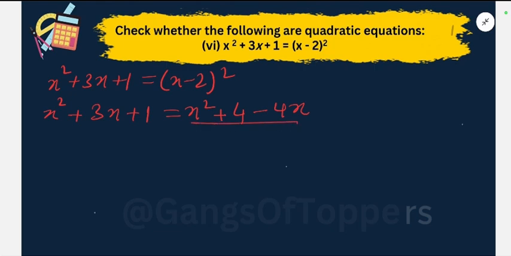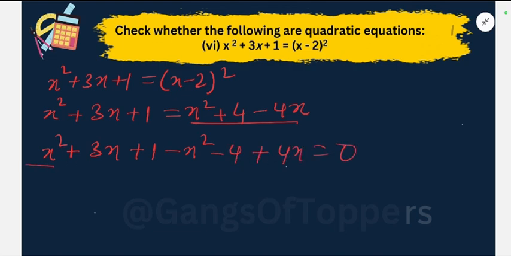Now shift the right side component to the left side and it will become x square plus 3x plus 1 minus x square minus 4 plus 4x equals to 0.